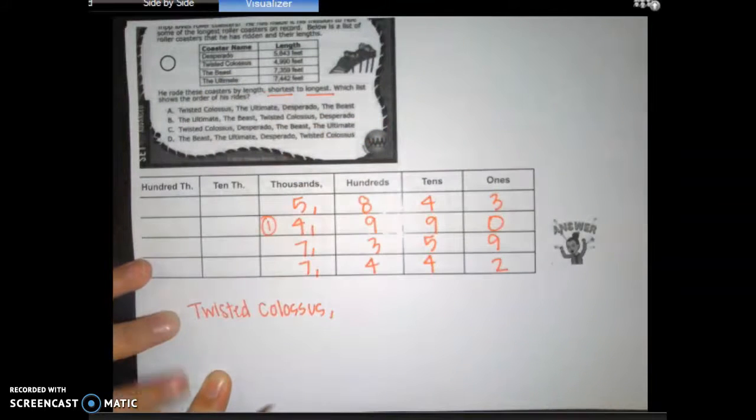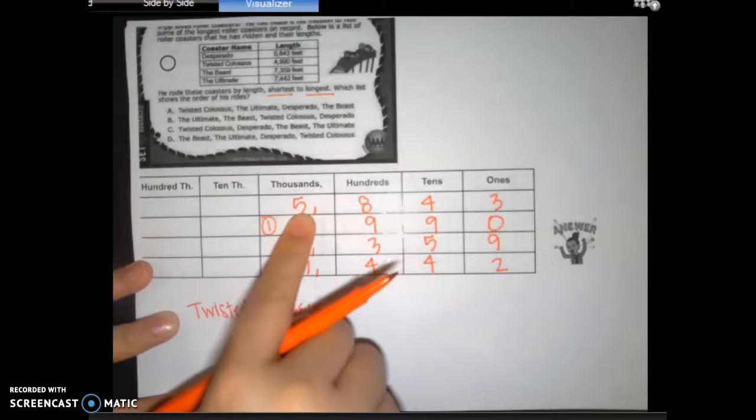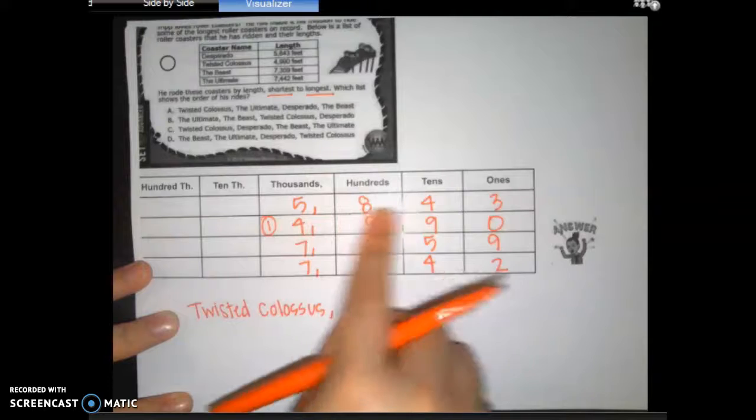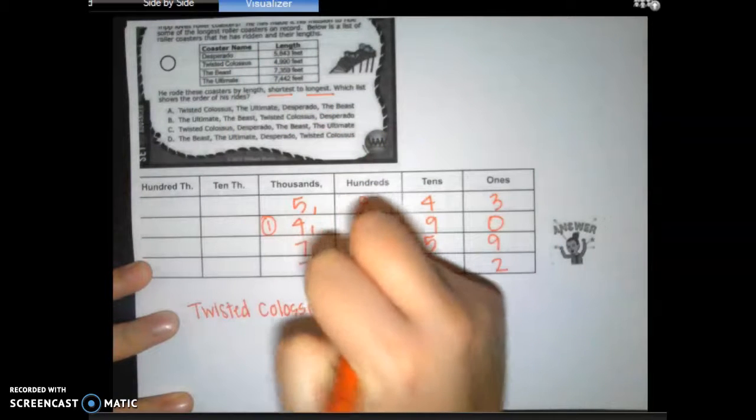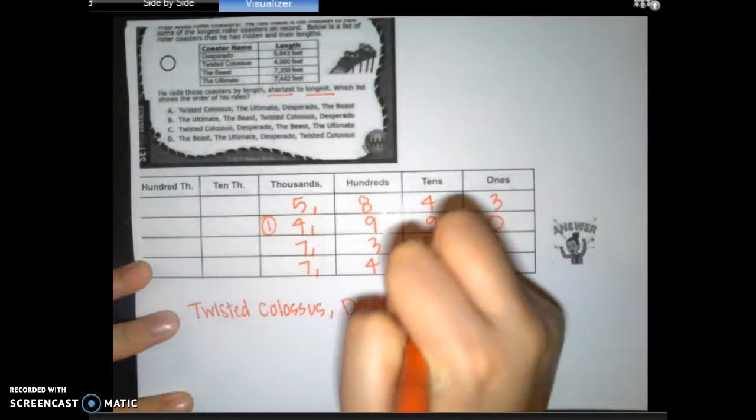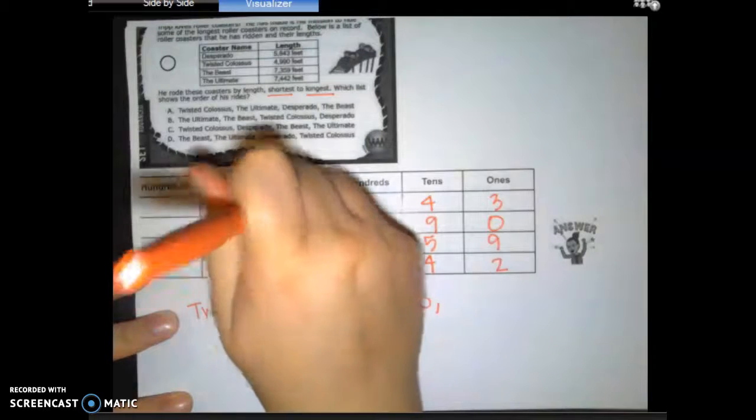Now, which one would be my next shortest? It would be the number that starts with a 5, so 5,843, and that belongs to Desperado. Okay, and I'm going to put a 2.